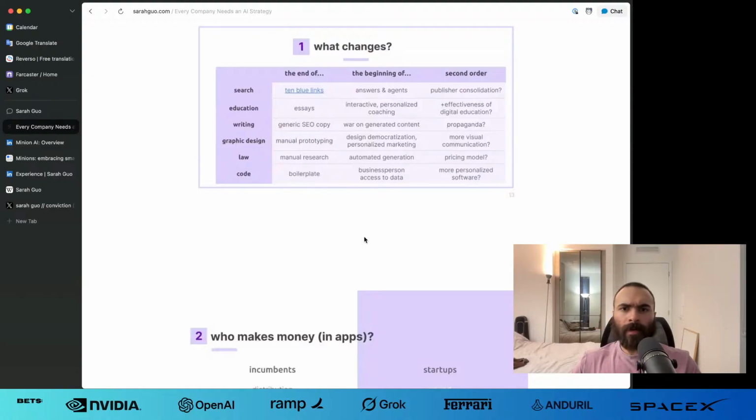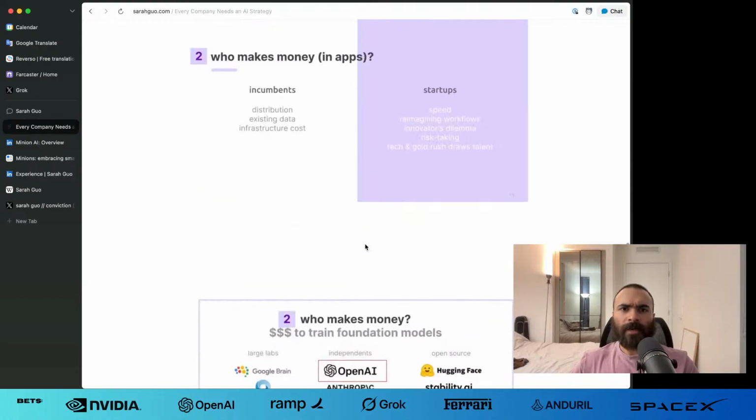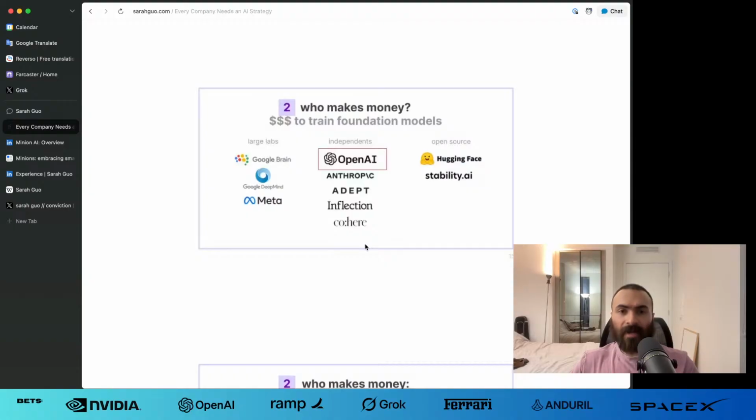Code: boilerplate, business person access to data. More personalized software. Who makes money in apps? Incumbents: distribution, existing data infrastructure costs. Startups: speed, reimagining workflows, innovator's dilemma, risk taking. Tech and gold rush draws talent. Who makes money? Dollars to train foundation models, large labs: Google Brain, DeepMind, Meta, independence, OpenAI. Oh wow, I'm surprised OpenAI and Anthropic are not large labs.